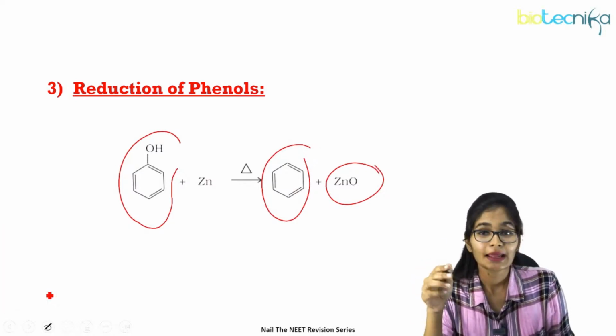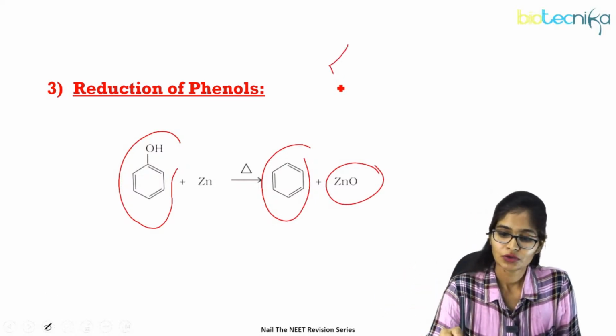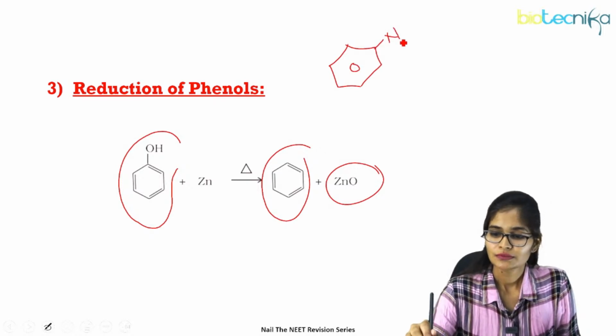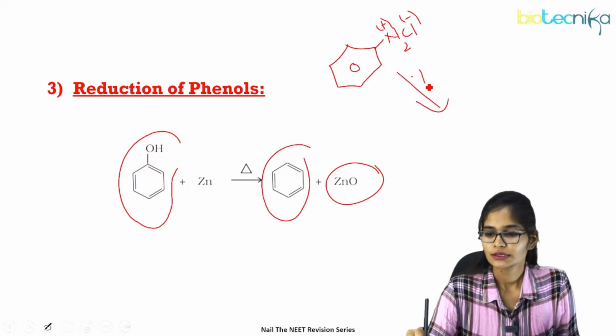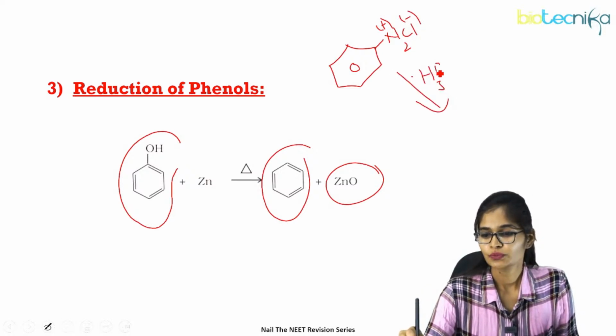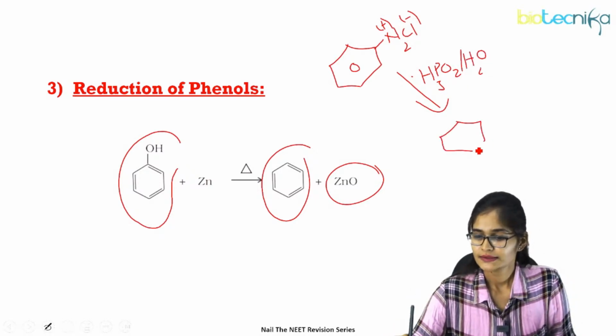Apart from this, is there any other method to prepare benzene? Yes, there is one more method, using diazonium salts. If you have N2 plus and Cl minus, and you treat it with H3PO2 in water, you will get benzene as a product.